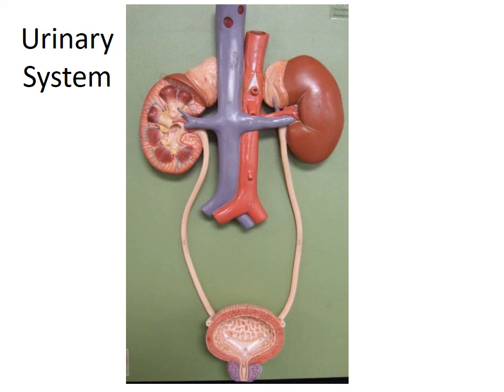Now, the last thing is going to be this strange looking triangle. I'm going to outline it and then erase it. But there's a strange looking triangle here. This triangle is what is called the trigone. The trigone is a special area that is not going to have transitional epithelium. And think about it.